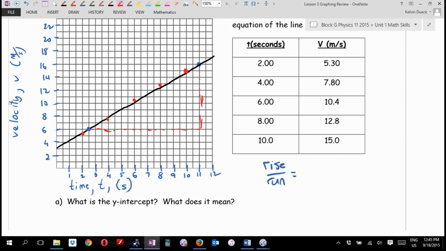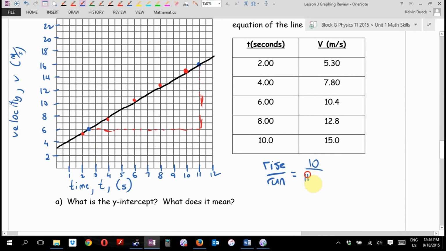So for me, my rise is 16, 6. What's my rise if the highest is 16 and the lowest is 6? Do the math. 10 over, and my run is 11, 2.5.